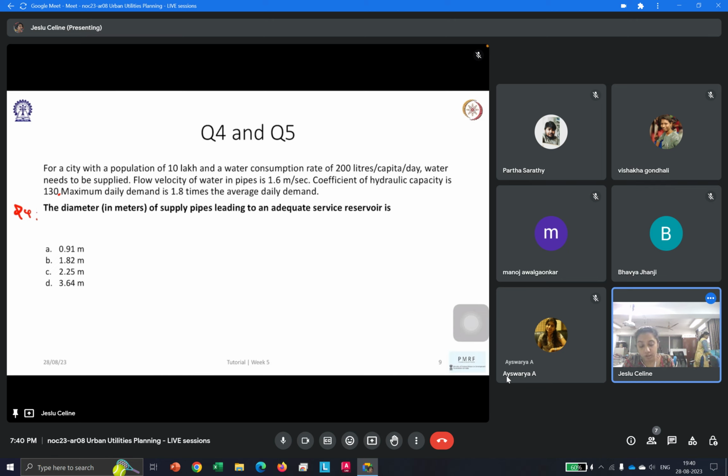In meters. So let's see what information we have. Population is given to be 10 lakhs, and the water consumption rate is 200 LPCD. Water flow velocity in the pipes is given to be 1.6 meter per second.